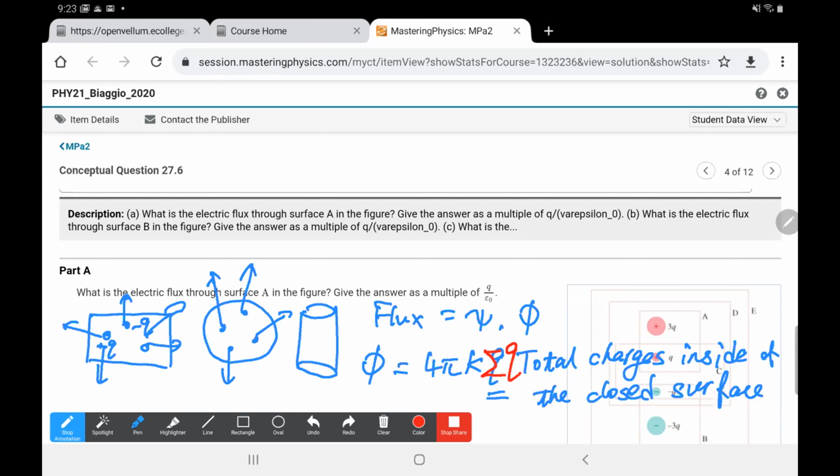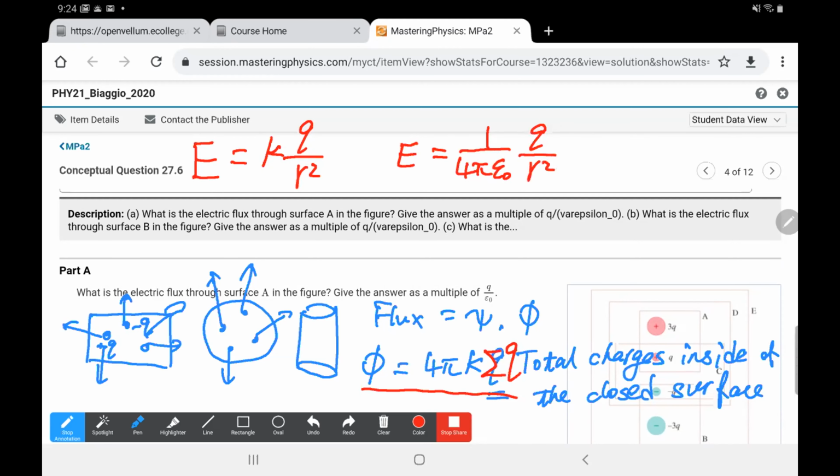Okay. And this is one equation we have to represent the flux. Because different people use different notation, someone likes to use epsilon naught. And we know the two equations are equivalent. The electric field equals k times the center charge over distance squared, and the electric field could be written the other way, Q over 4 pi epsilon naught R squared.